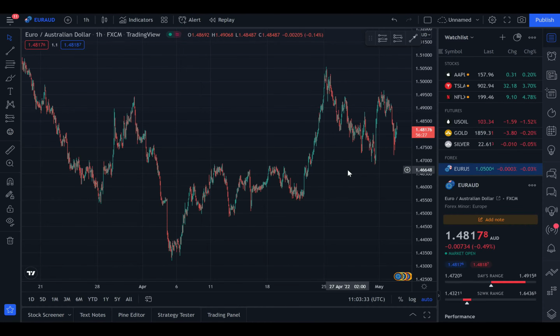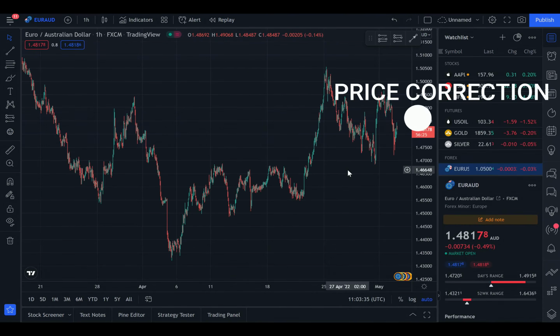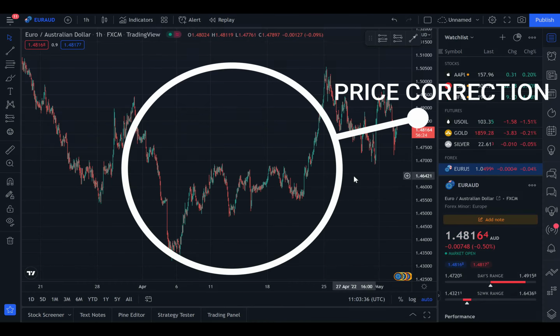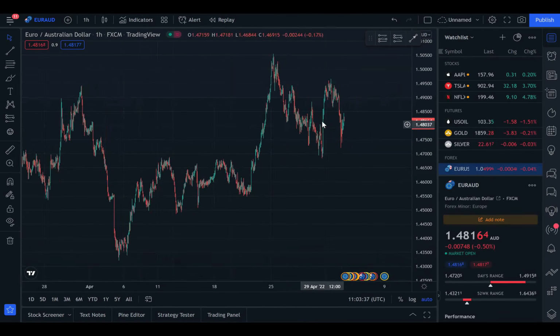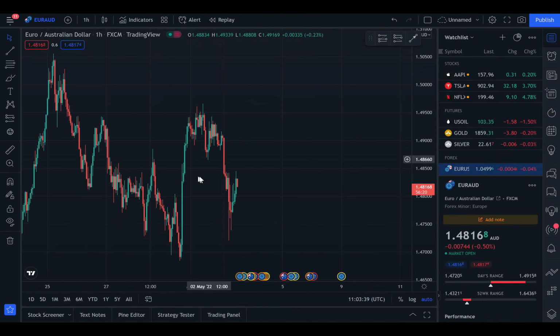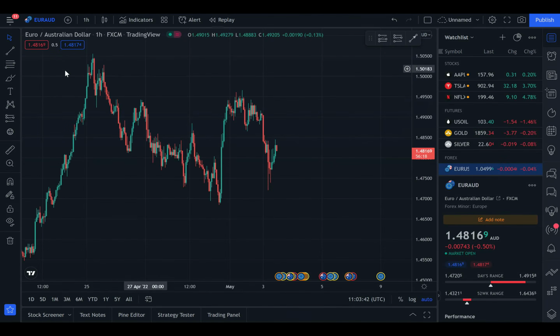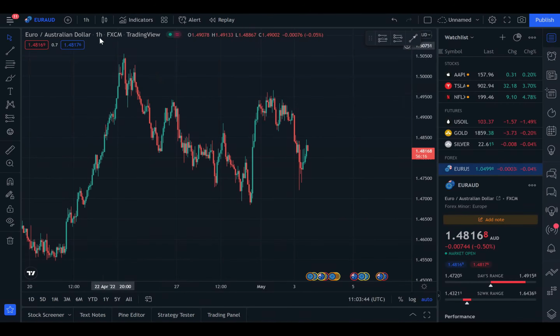And as you can see here, we have a downtrend with a deep price correction that continues on to downtrend. If you don't realize which trend you are currently in, all you need to look at is this: we have a high right here, then a next lower high, and then another lower high, which is accompanied by several lower lows.